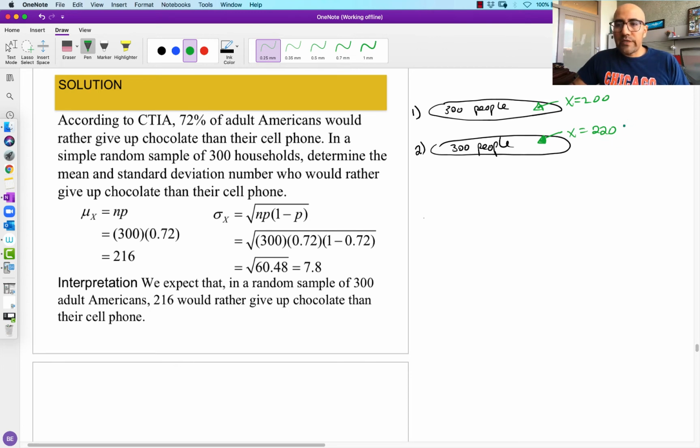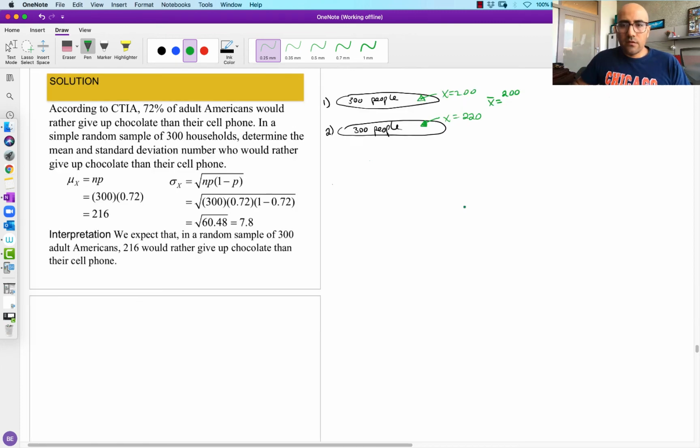What we want to do is look at the mean of these two. So the mean of these two values is going to be the result of adding them and dividing by 2. So x bar is going to be equal to 200 plus 220 divided by 2. That's going to be 420 divided by 2, which gives you 210.